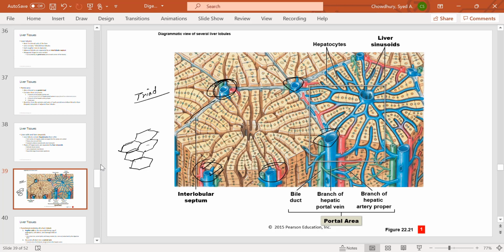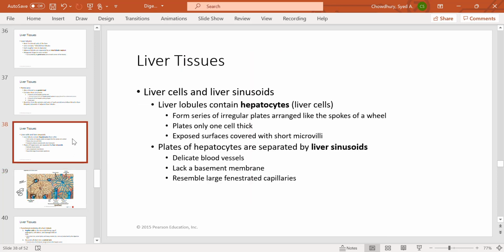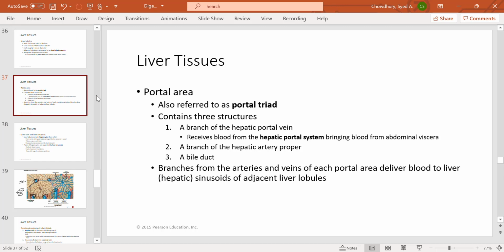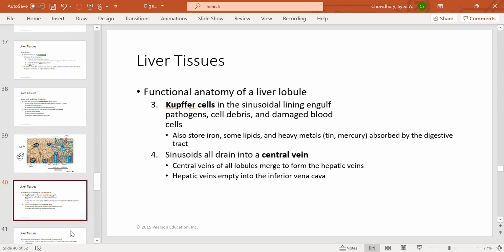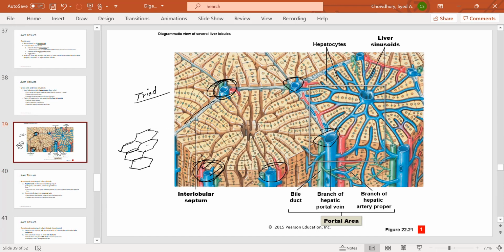Okay, so this is one triad, this is another triad. You will see portal triad, where you have a branch of hepatic portal vein, hepatic artery, a branch of a bile duct, all those are in the triad. So here you have a triad, here you have a triad, in each corner you have a triad.